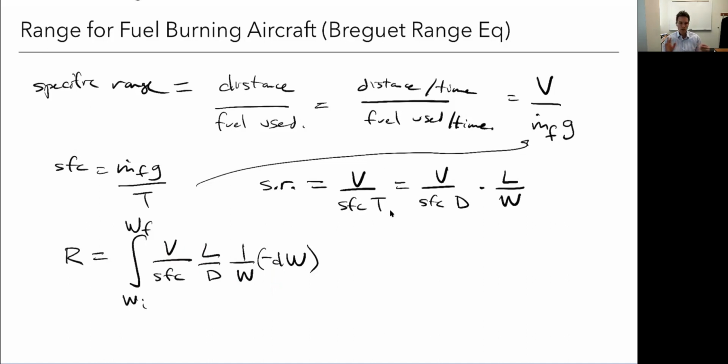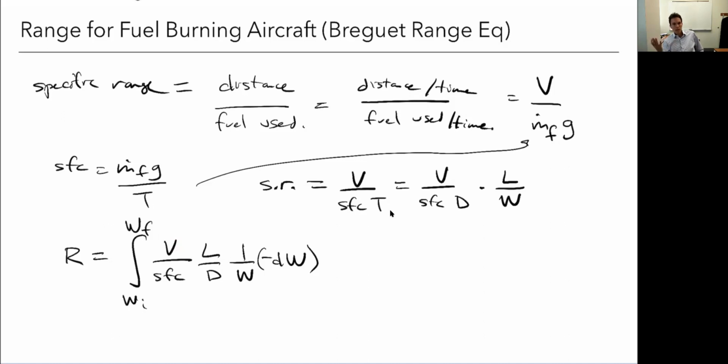But here for conceptual design, if we don't know the details of the aircraft yet, we're going to make some additional assumptions. We're going to assume that these terms here stay constant throughout the flight. In other words, that we fly at constant speed, which of course is not exactly true, but the takeoff and landing parts are going to be a very small portion of the flight for a long haul flight especially.